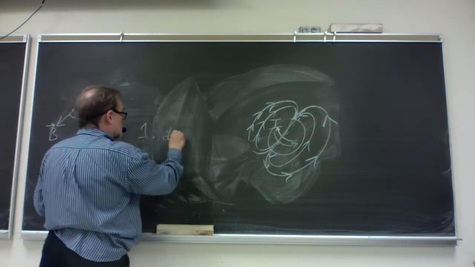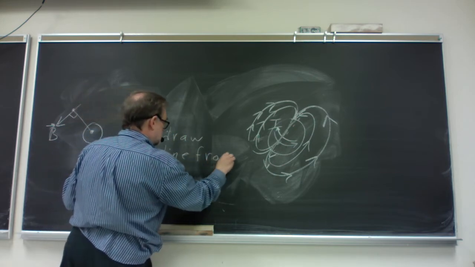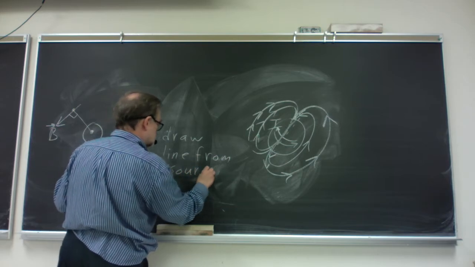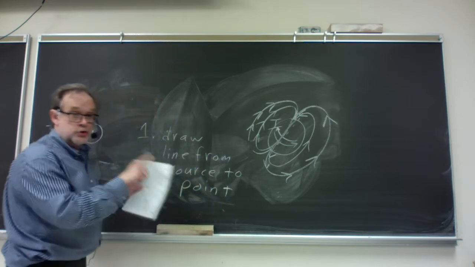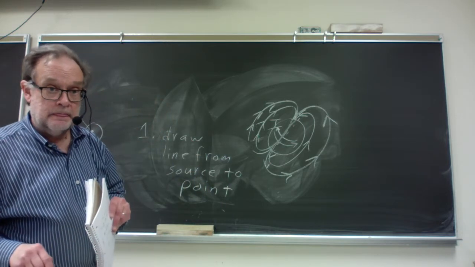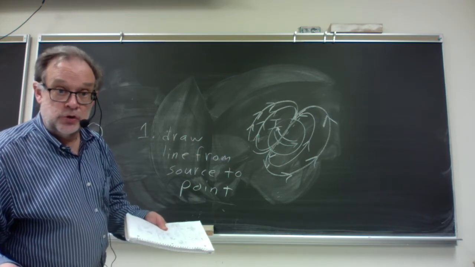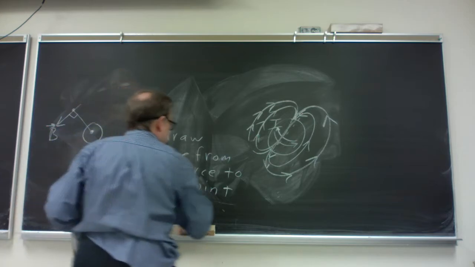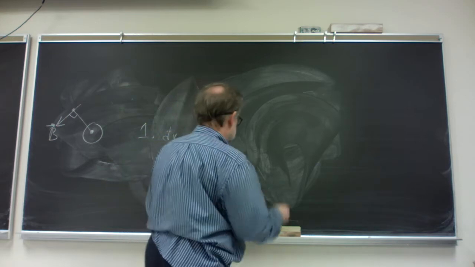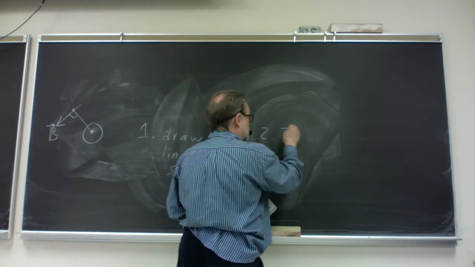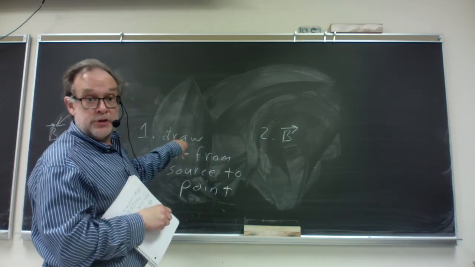First, draw a line from the source to the point that you're interested in. That's a radius of a circular magnetic field line. And point 2, you know that the magnetic field at the point you're interested in is perpendicular to that line you just drew.